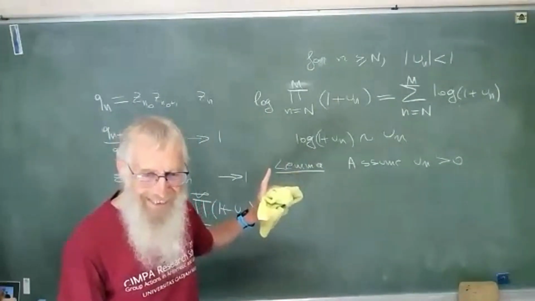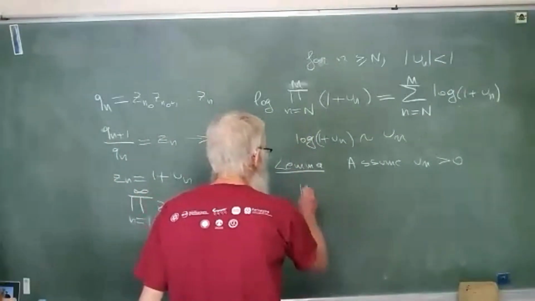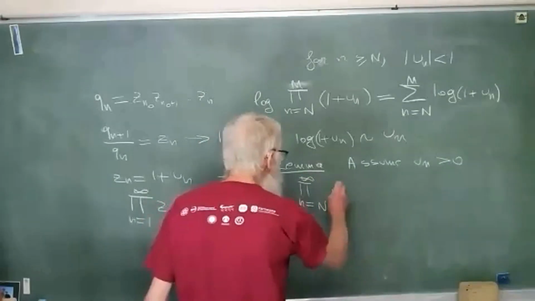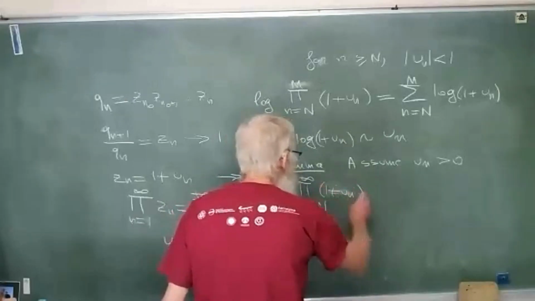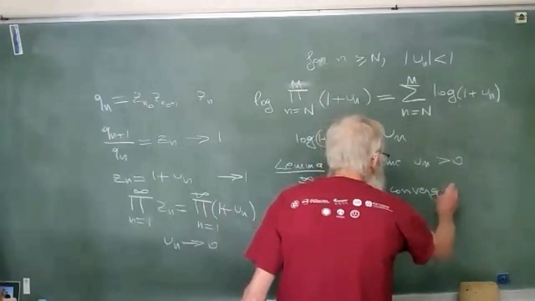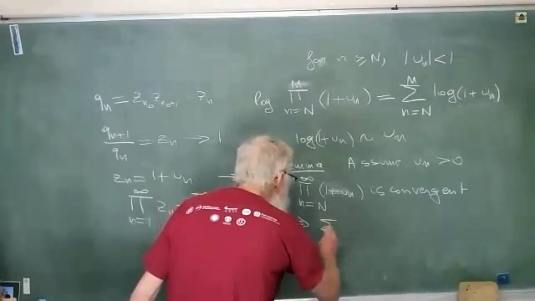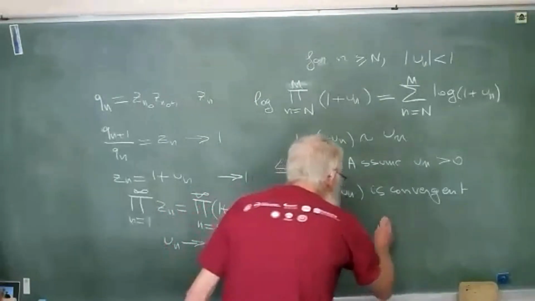No? Okay. So then the product here, 1 plus un, is convergent if and only if the sum of the un is convergent.